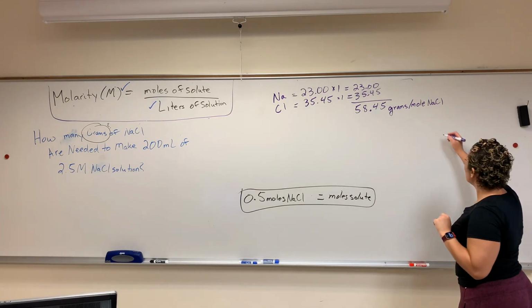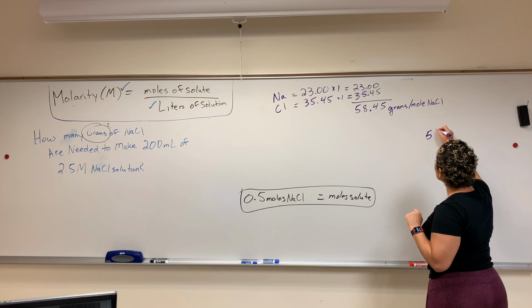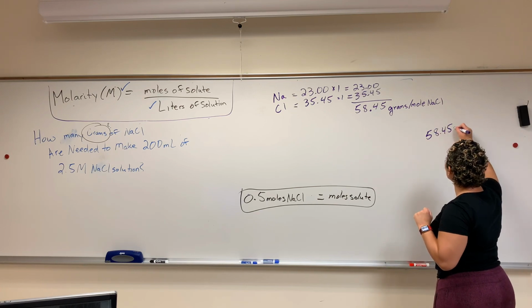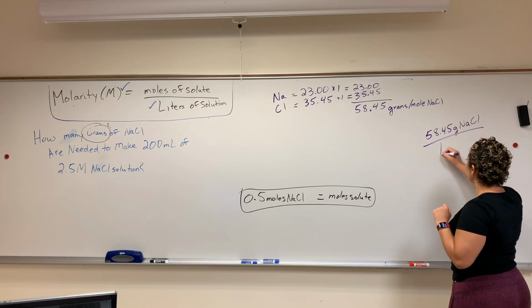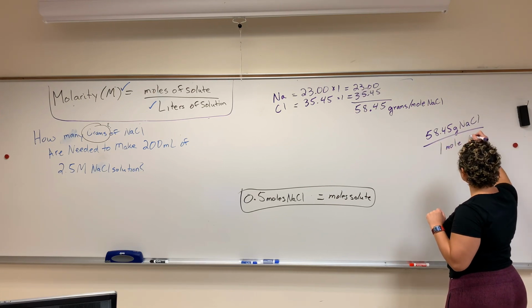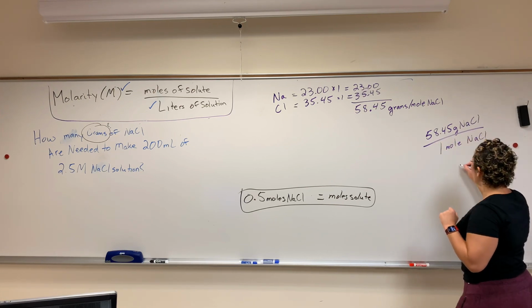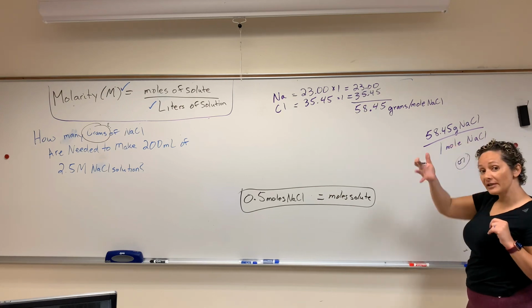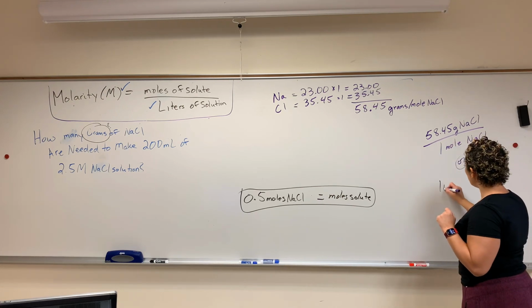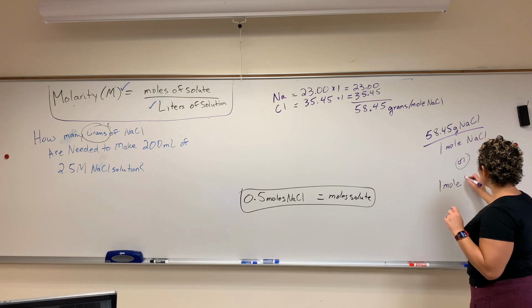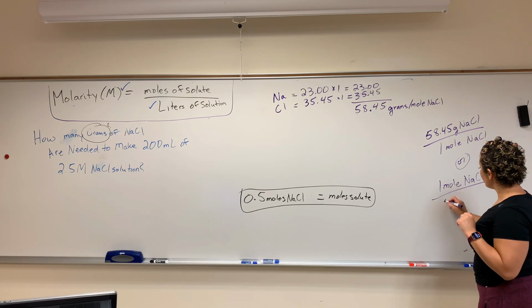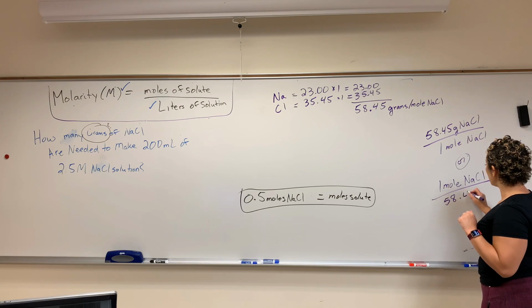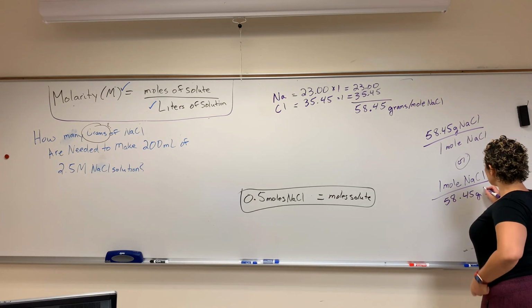And so that means 58.45 grams sodium chloride per 1 mole sodium chloride. Or you could flip it and do it the other way. 1 mole of sodium chloride is equivalent to 58.45 grams sodium chloride.